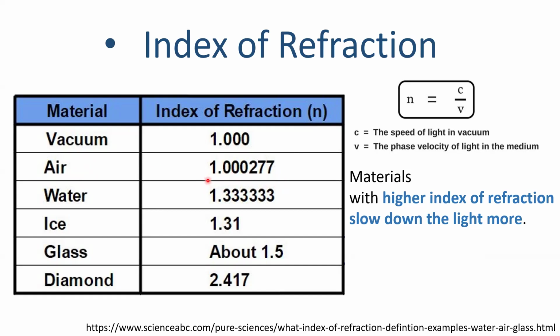Now, the light is going to travel slower in water because water has a higher index of refraction. The ice has an even higher index of refraction, so it's going to slow down the light more. The glass is roughly about 1.5, so it's going to slow down the light even more. And here's the diamond, which slows down the light even more. We're going to concentrate on this medium right here.